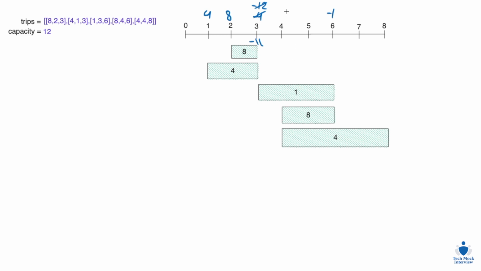We started at kilometer 4 for 8 people, so we add 8, and then we finished our trip at time 6, so we deducted this whole thing by 8. And the final result is going to be minus 9. And for the last interval, we added 4 passengers, so this time it is going to be 12. And then we remove those passengers here, and the final result is going to be minus 4.